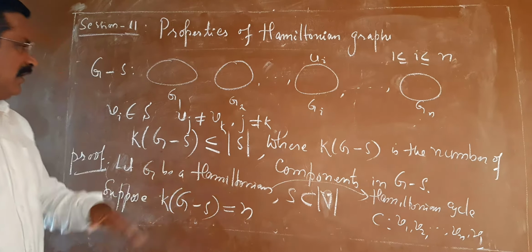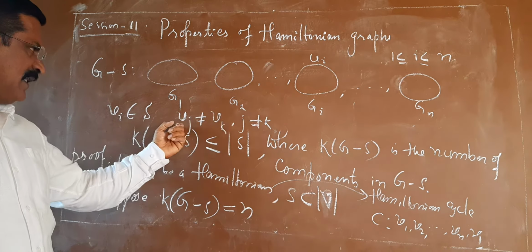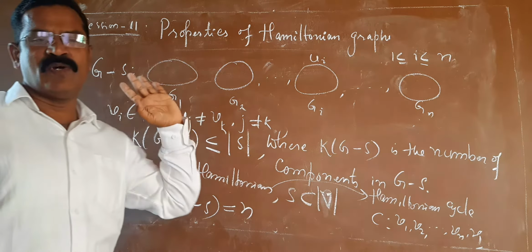That is, Vj and Vk are two distinct vertices.